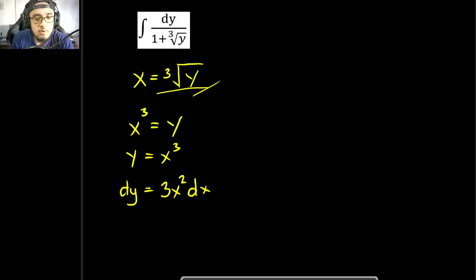So there. Now that I have both my dy and my cube root of y already, I would now be substituting them into this particular equation. This can now be written as, what is our dy? That is 3x squared dx, divided by 1 plus, what is this value right here?